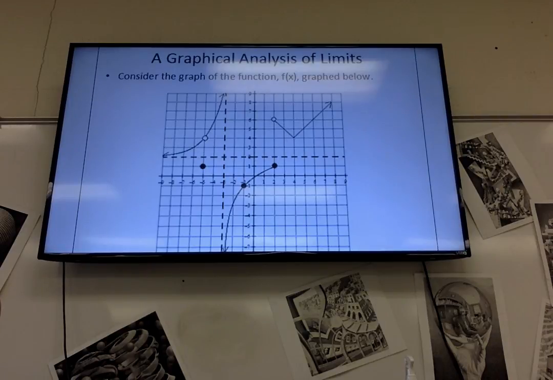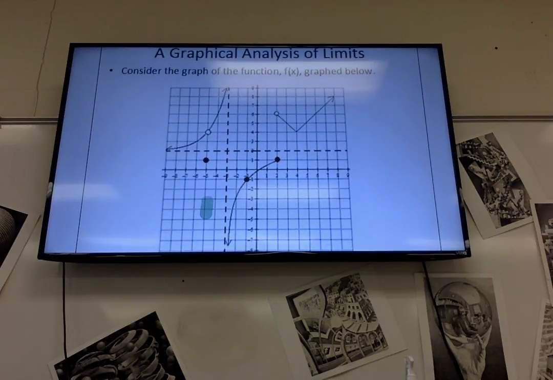Okay, on B, limit as x approaches negative 5 of f of x. What is that one, Brooklyn? Would it be negative 1? Okay, let's look. X approaches negative 5. So where's negative 5? Here's negative 5. As I approach negative 5, what am I getting close to on the y? 4.